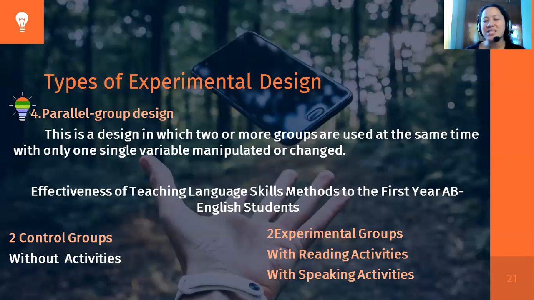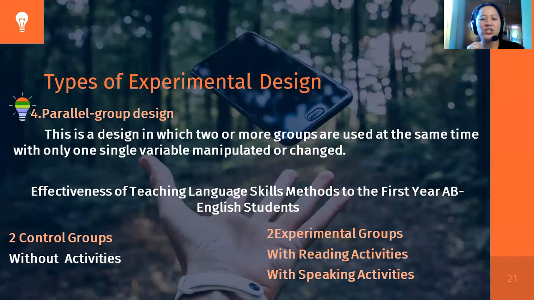So this is a design in which 2 or more groups are used at the same time with only one single variable manipulated or changed, and then you have to justify why you choose this design. And of course, you need to understand first for you to justify.